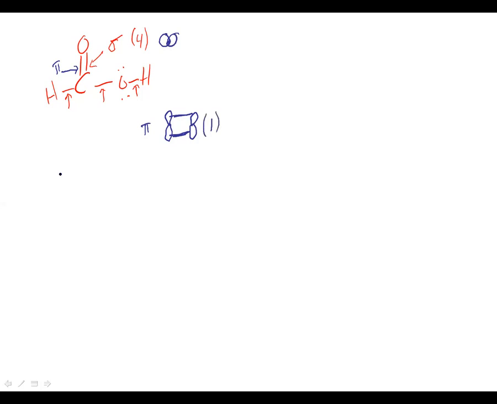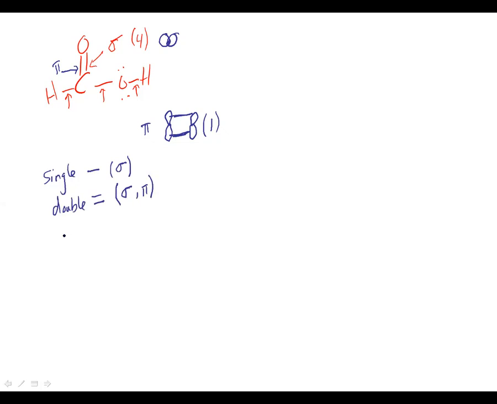So as we finished last time, a sigma bond is a single bond, basically one line in your Lewis structure. A double bond, which would have 2 lines in your Lewis structure, is composed of 1 sigma bond and 1 pi bond.